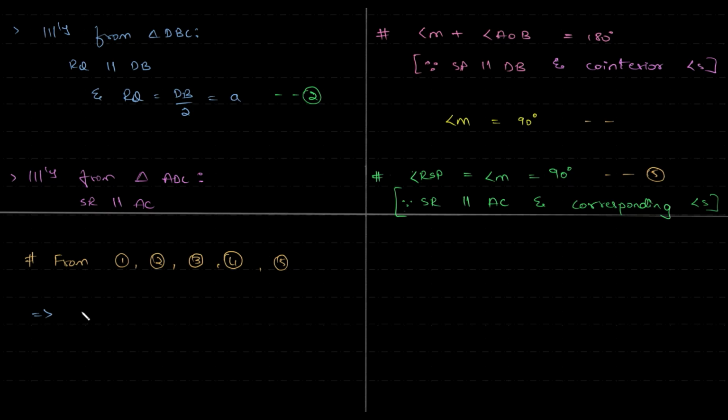This implies PQRS is a square, as all sides are equal and parallel, and one of the angles is 90 degrees. Okay, that's it.